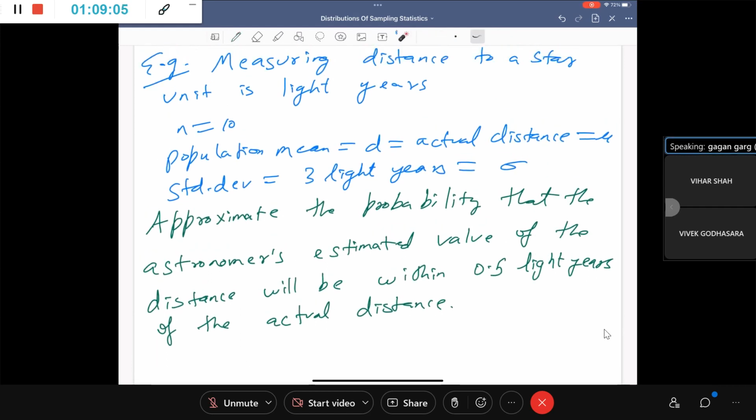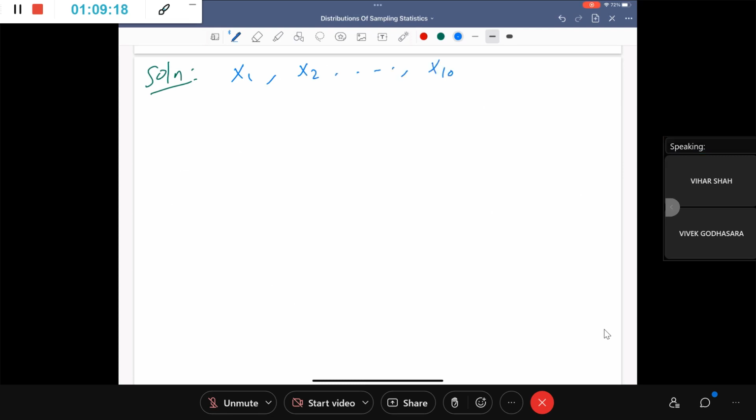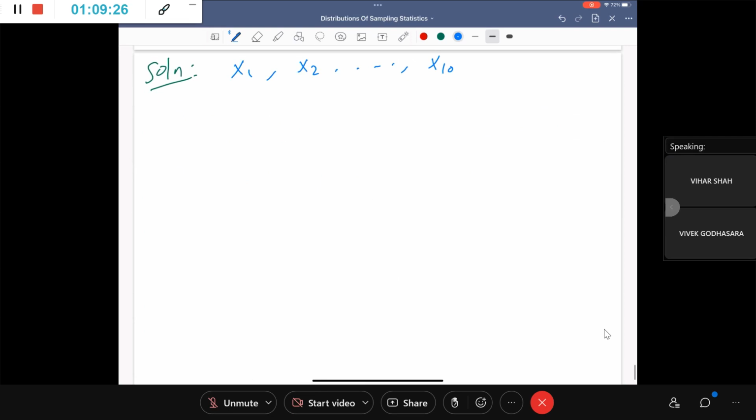It is given to you that you have made 10 measurements. That is given to you. Let's start with that. So, you're making 10 measurements. Then, you will estimate the distance based on these 10 measurements. How will you do that? You will take their mean.